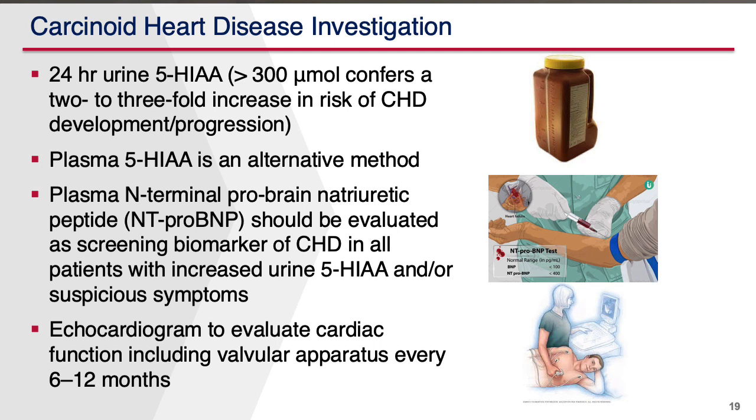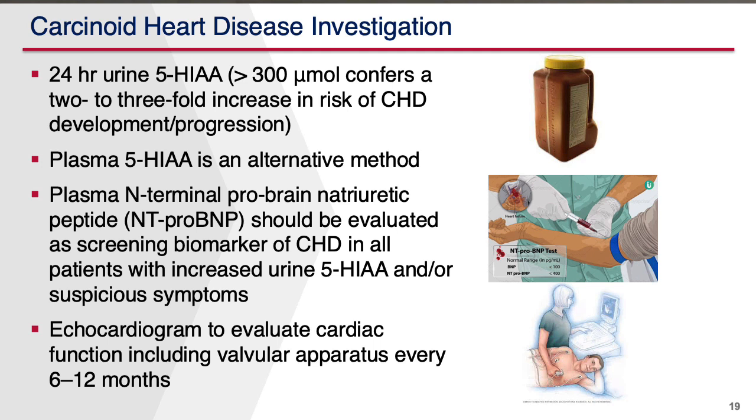The blood test for 5-HIAA is not widely available. I believe only Mayo Clinic has it. In Europe, they have used this blood 5-HIAA more often, but here in the States, it's only a couple of places that may have it. It's equivalent in terms of how they measure 5-HIAA, but that's also a way to do it. But it's important to always obtain a 24-hour urine 5-HIAA with your follow-up.